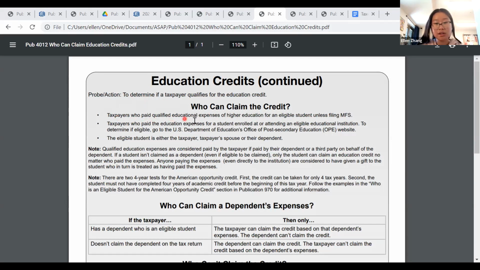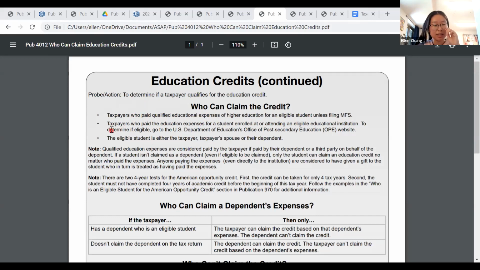Who can claim this credit? Taxpayers who paid qualified educational expenses for higher education for an eligible student, unless they're married filing separately. So this means if you are the student and your parents claim you as their dependent, your parents would be able to claim this credit.